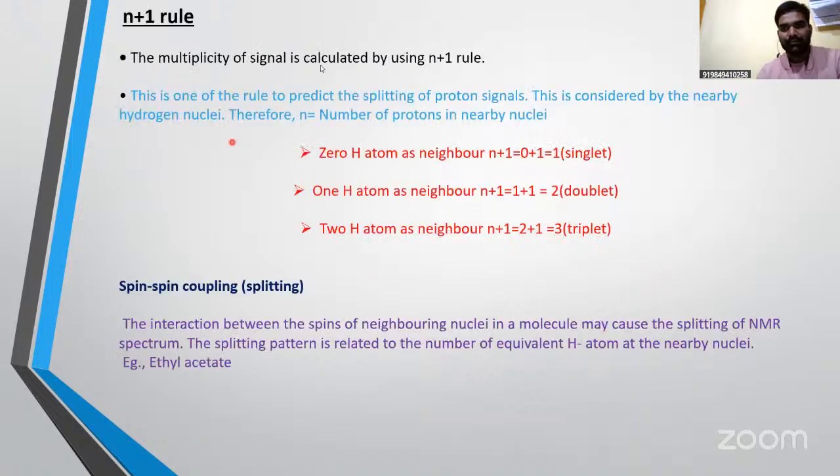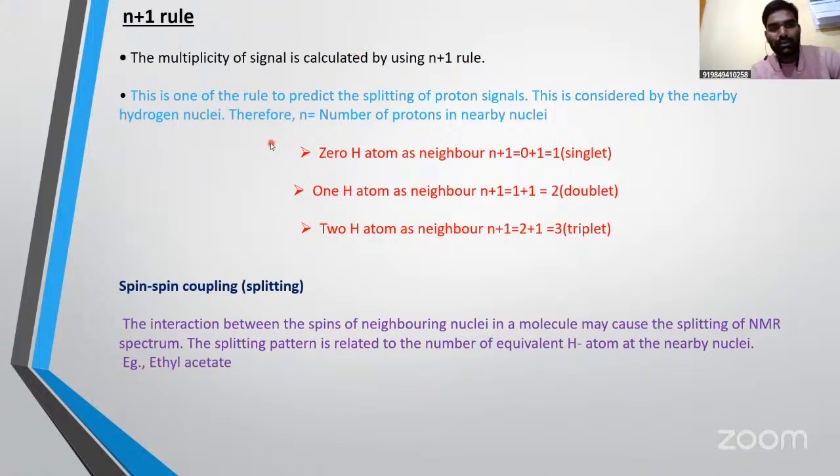N plus 1 rule. The multiplicity of a signal is calculated by using the N plus 1 rule.